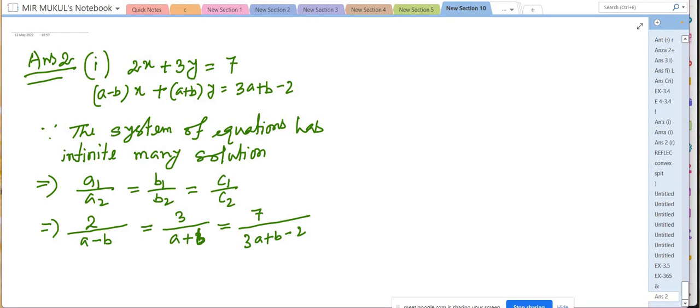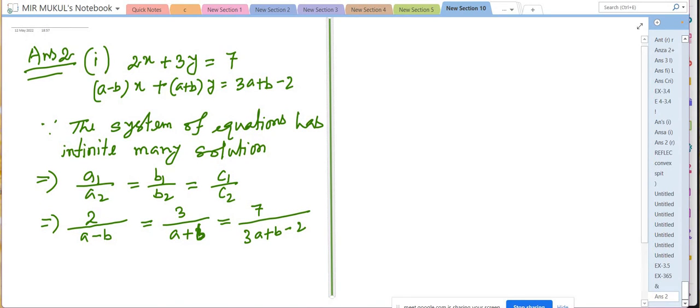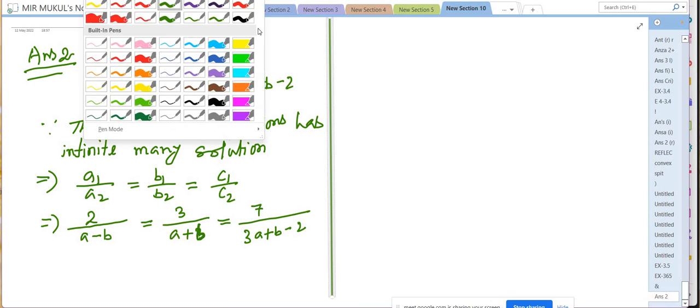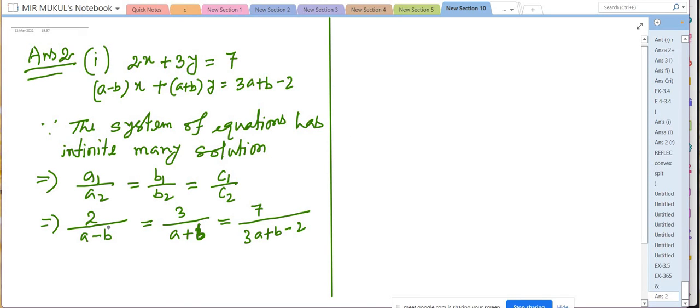Now we consider first and second and make one equation. 2 divided by a minus b equals 3 divided by a plus b, and cross multiply. 3 into a minus b, 3a minus 3b, equals 2a plus 2b.